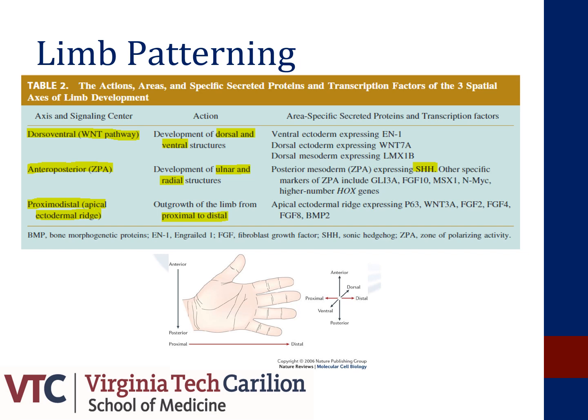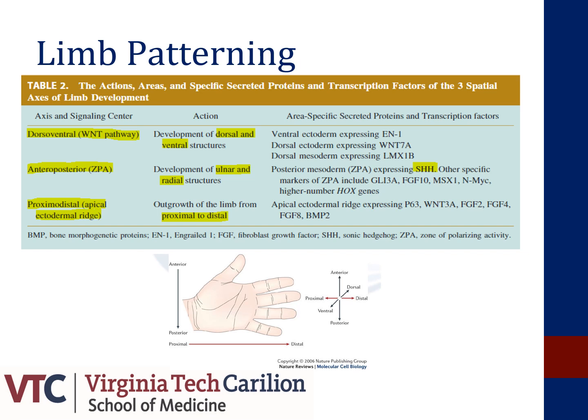The axes of the limb are controlled by different signaling centers in terms of their growth: anterior to posterior, proximal to distal, and dorsal to ventral. The proximal to distal growth is guided by the apical ectodermal ridge with FGFs, wingless type, and fibroblast growth factors.